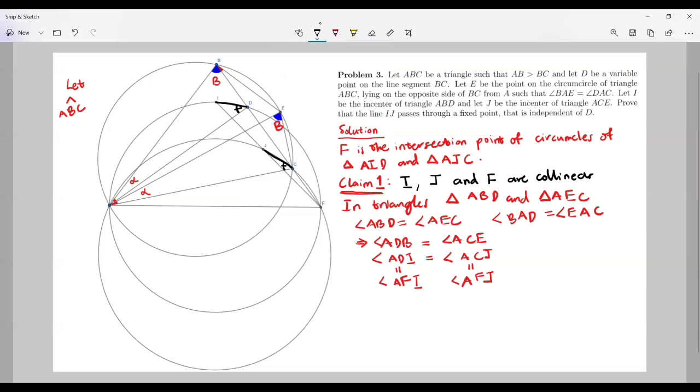So what do we have? This angle here is equal to both of them, assuming they're not straight lines. So it will be something like this.